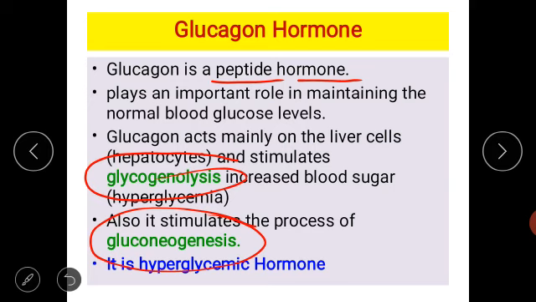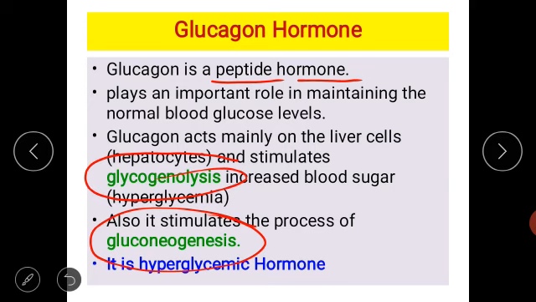Also, it stimulates the process of maintaining the decreased blood sugar level. So in this way, glucagon maintains the blood sugar level. This hormone is called a hyperglycemic hormone.